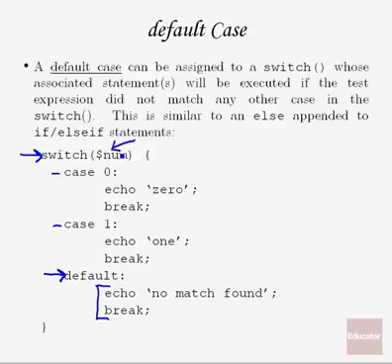So in this example, if num equaled, for example, the integer 2, we would come down here, it would say case equals 0, 2 doesn't equal 0, it wouldn't evaluate this. It would compare 2 to 1, that would evaluate to false, so it wouldn't go here. Then we reach the default section and it says, well, it hasn't matched any of these, so we're always going to go ahead and output this here.